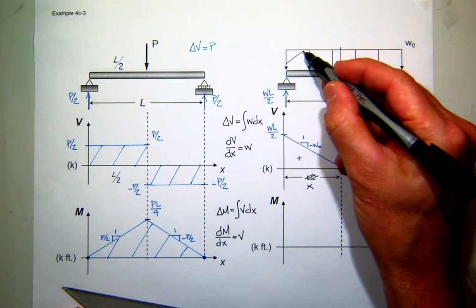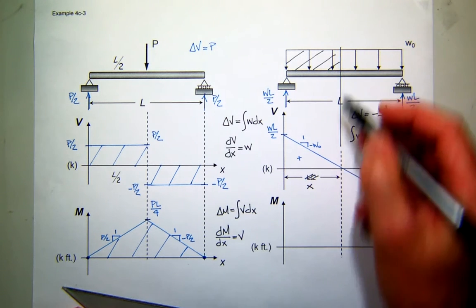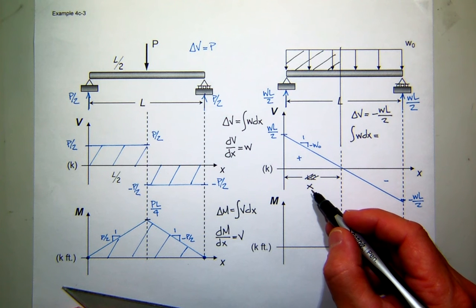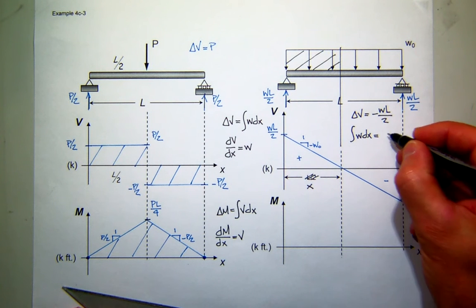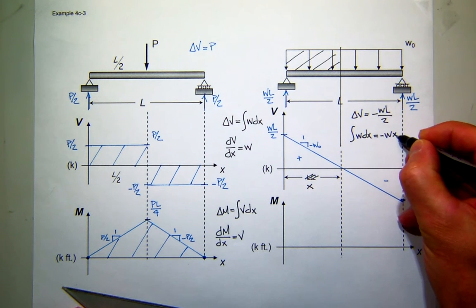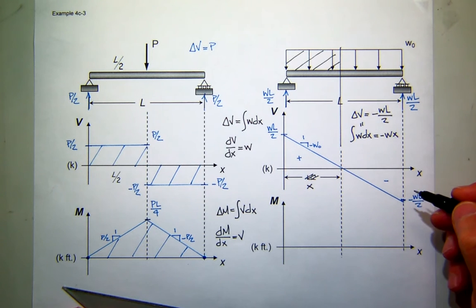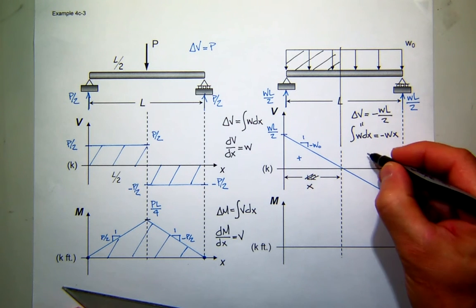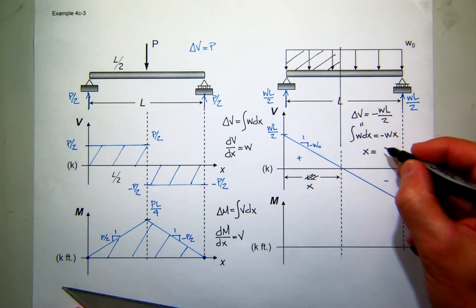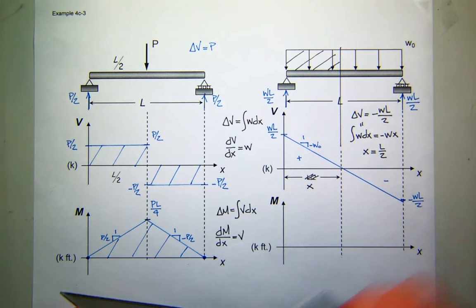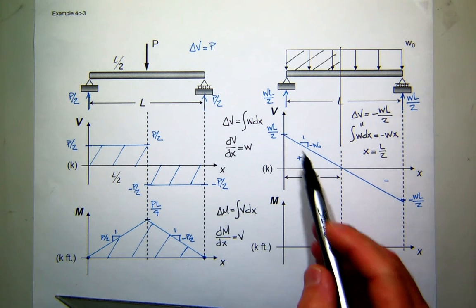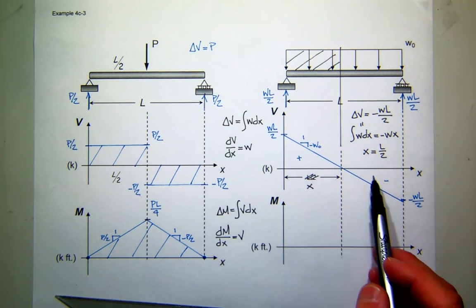What's this area right here, for an arbitrary distance x? It would be Wx, and it would be negative. These two things are equal, right? So I should be able to solve for x. And when you solve for x, you get L over 2. So you can use the same rationale to find any place when the shear crosses over.